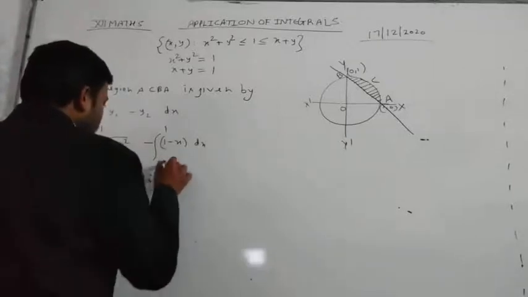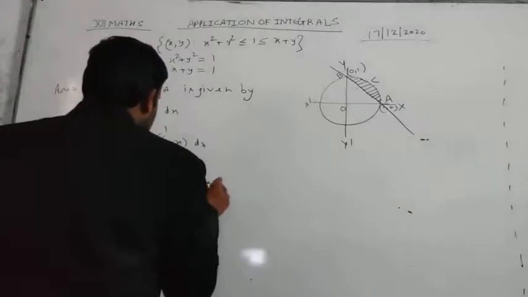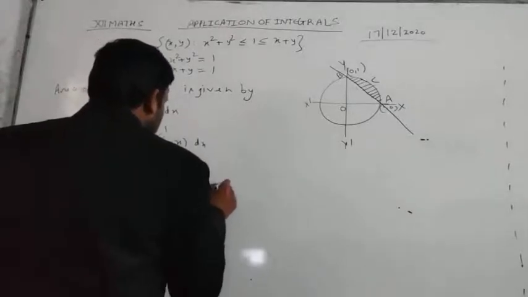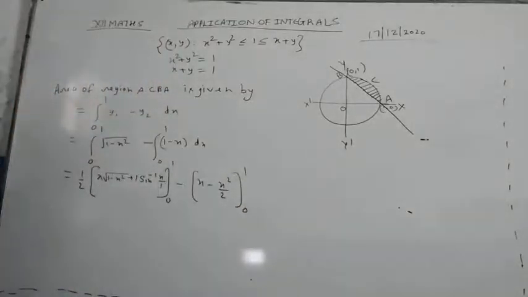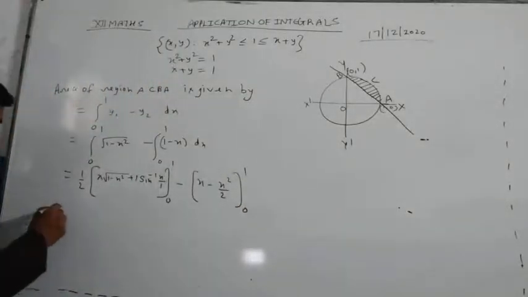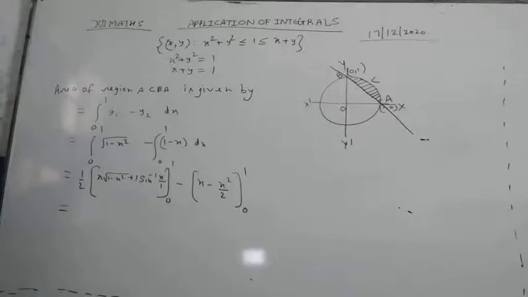So this will be from 0 to 1, and this is [x − x²/2] from 0 to 1. After solving this, we get our required result, students. When I put in the values of the limits, we get our result.